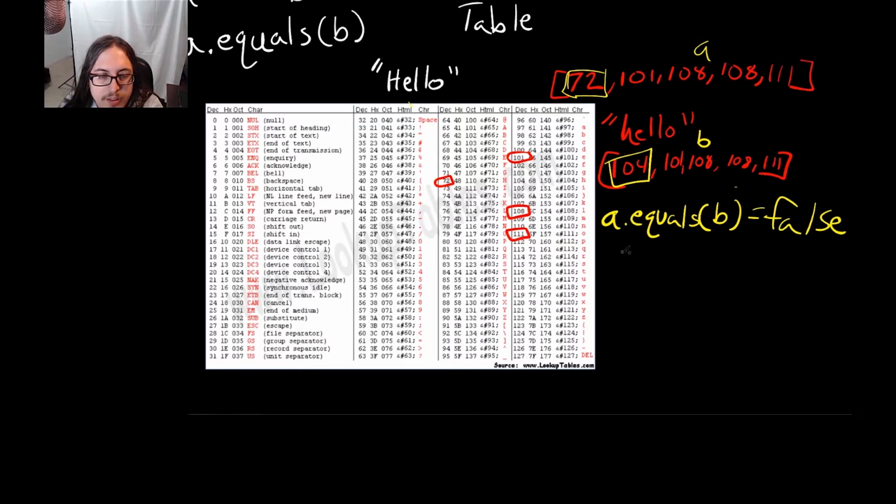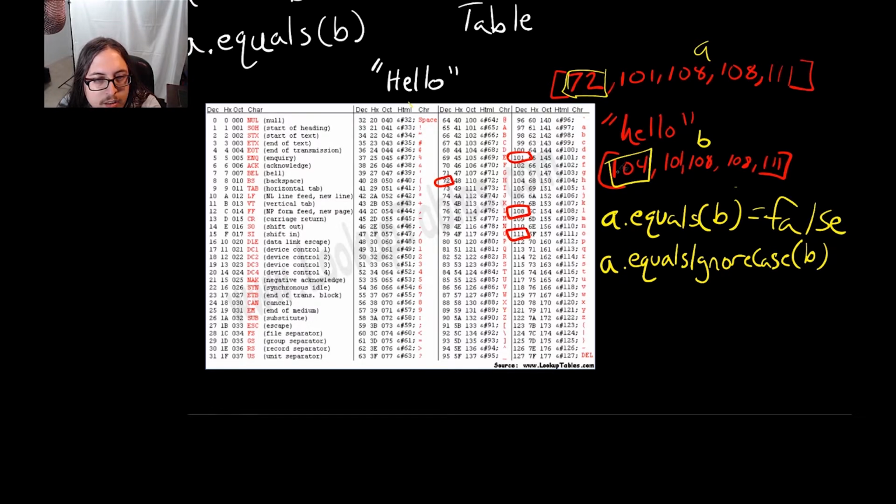So now instead let's do another string method, which is equals ignore case B. And this will equate to true because we're saying specifically ignore case. So this is 72. Right?